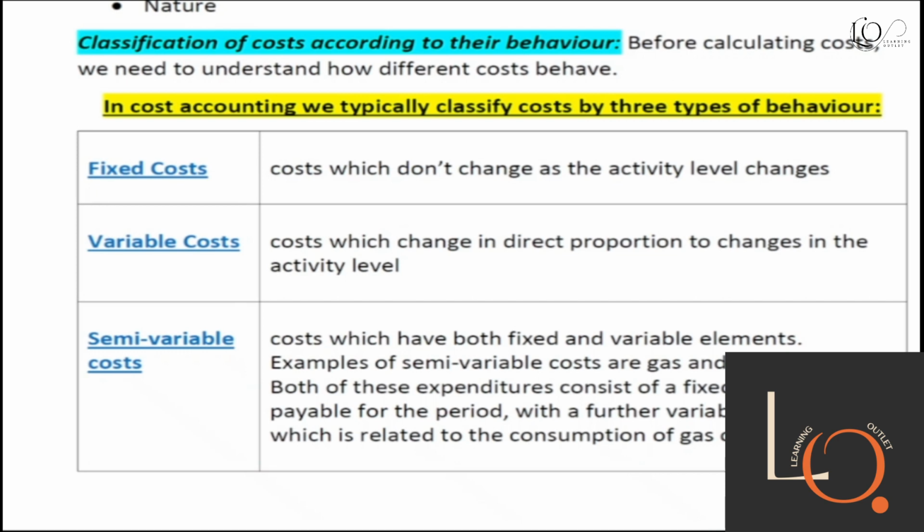And then as much as you use, you need to pay. So there is a fixed element and then there is a variable element included depending on your consumption. So if you're looking at behavior, you have three categories: fixed, which remain fixed; variable, which change with the level of activity; and third, semi-variable.